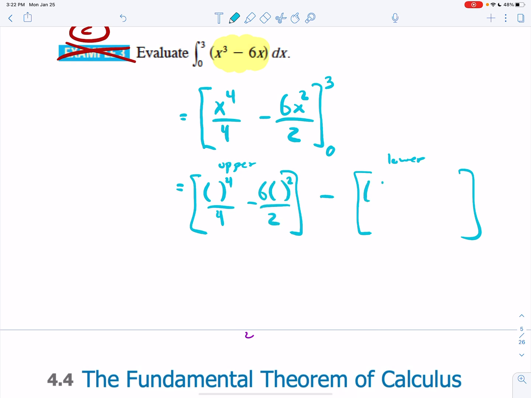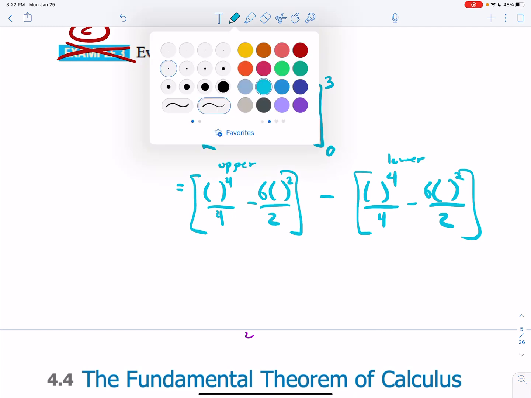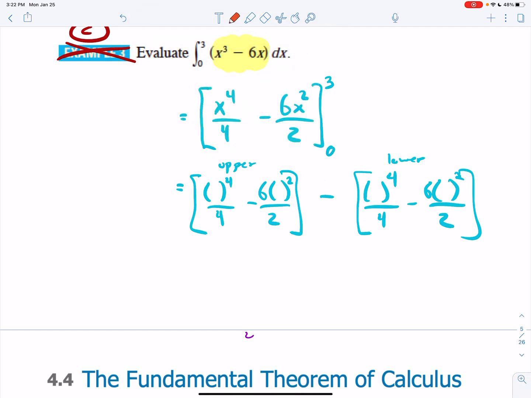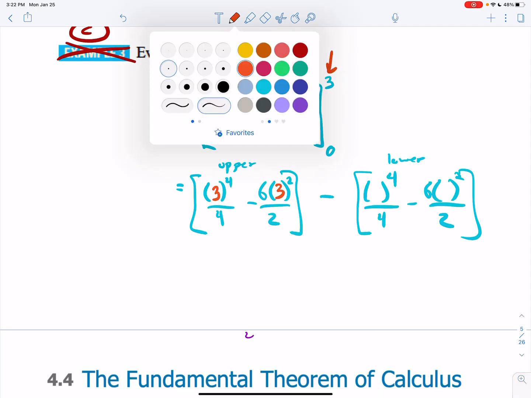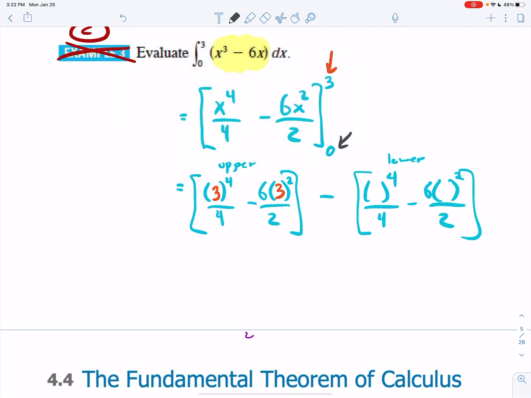And then I'm going to plug in something else to the 4th power over 4 minus 6 times something squared over 2. So here we go. We plug in our upper first. And then we plug in our lower second. Okay? Now, we just clean this up.